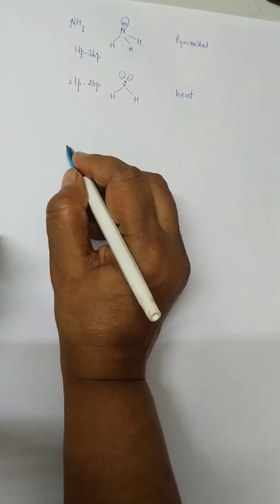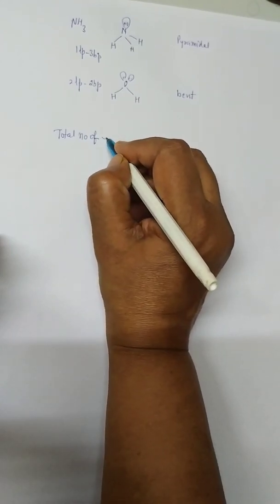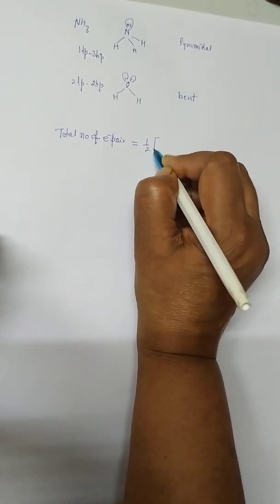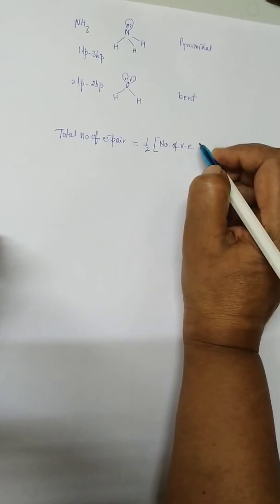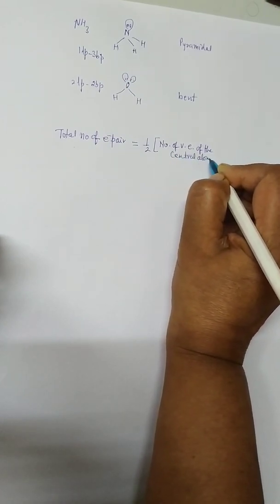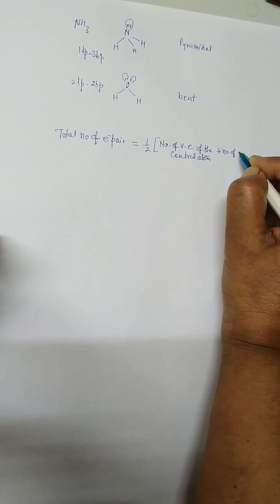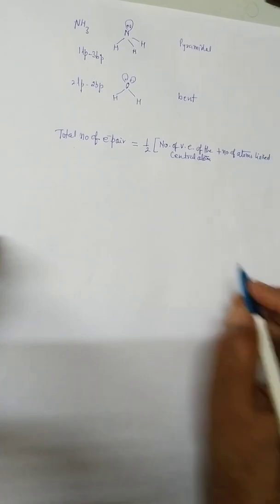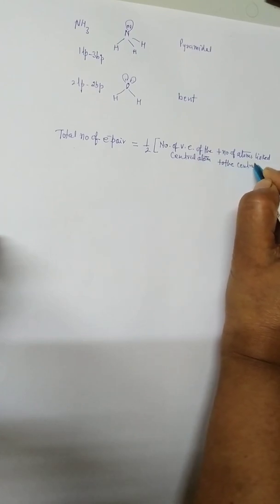See, the total number of electron pairs is equal to half of the number of valence electrons of the central atom plus the number of atoms linked to the central atom.